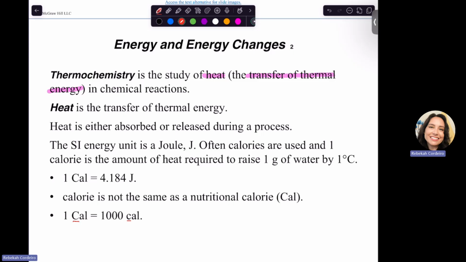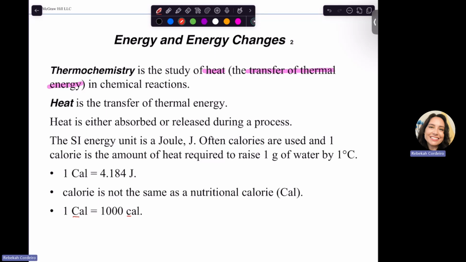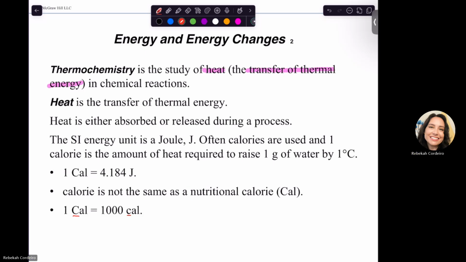A big C calorie is 4.184 joules, and a big C calorie is equal to 1,000 little baby calories. A calorie is the amount that it would take to raise 1 gram of water by 1 degree C. So that's the amount of heat that we get a calorie from. It comes from the specific heat of water, which we'll talk about a little later.